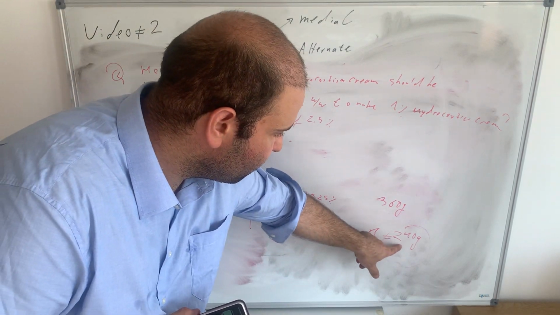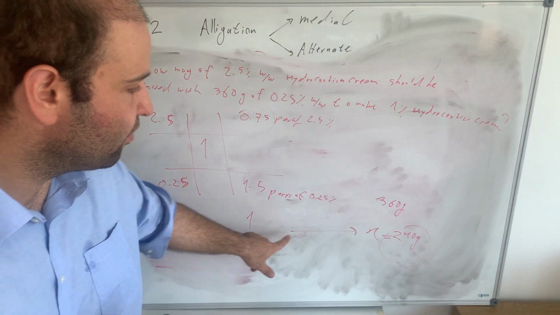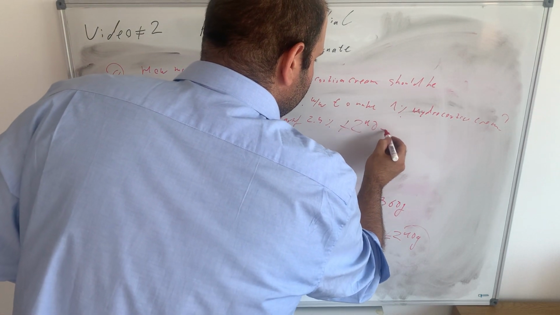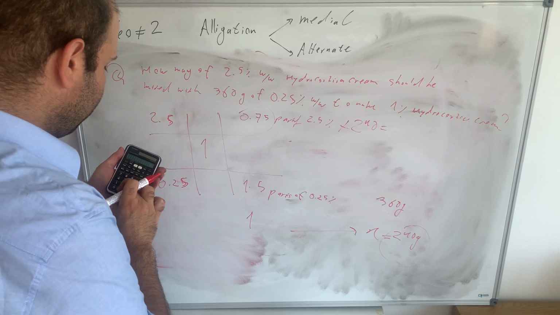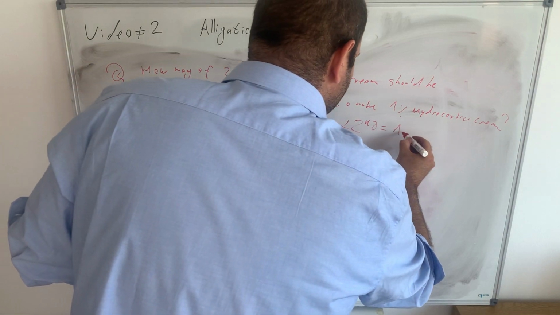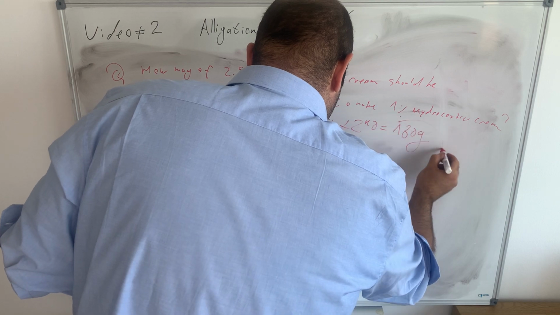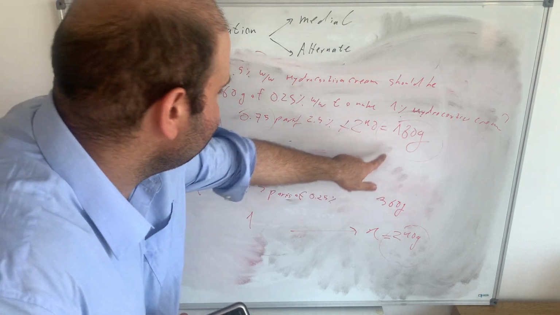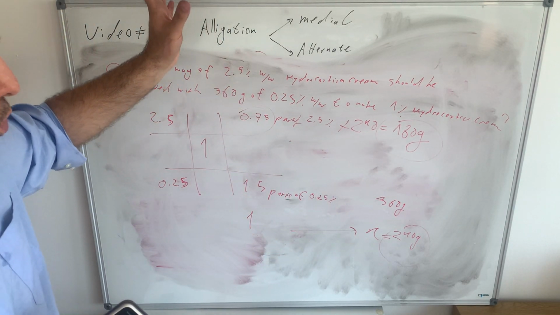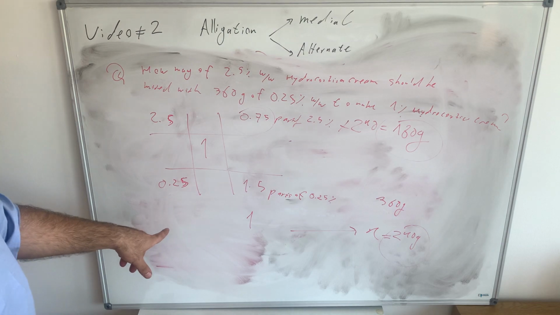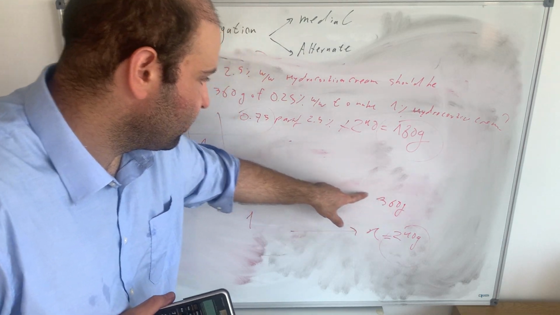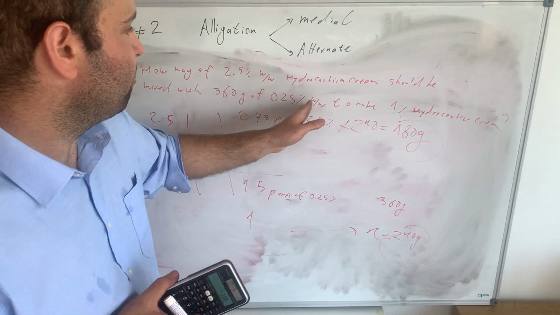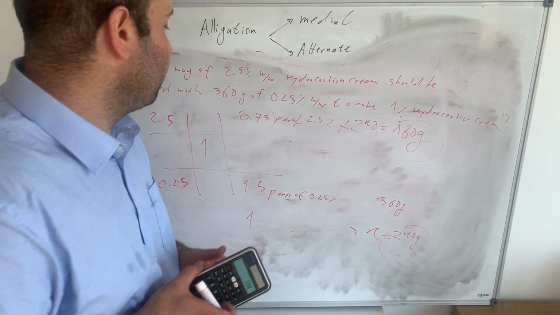What is the amount in grams of one part? 240. Multiply by 240, multiply by 0.75. The answer is 180 gram. So 180 gram of 2.5% hydrocortisone cream should be mixed with 360 gram of 0.25% to give us 1% hydrocortisone.